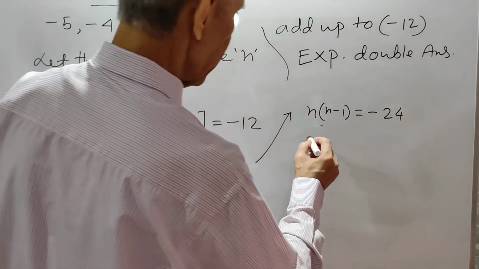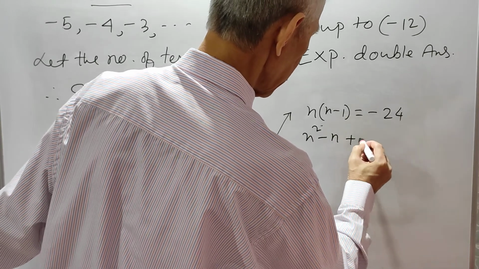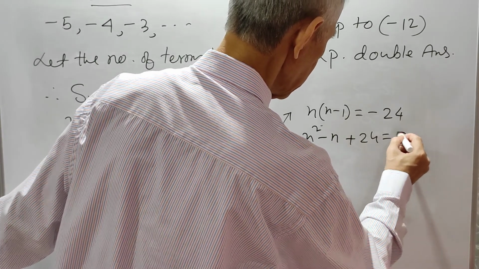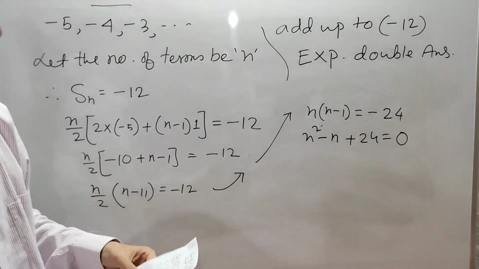Then n square minus 11n, this comes this side, plus 24 equal to 0. Now you got a quadratic equation. So factorize by middle term method.